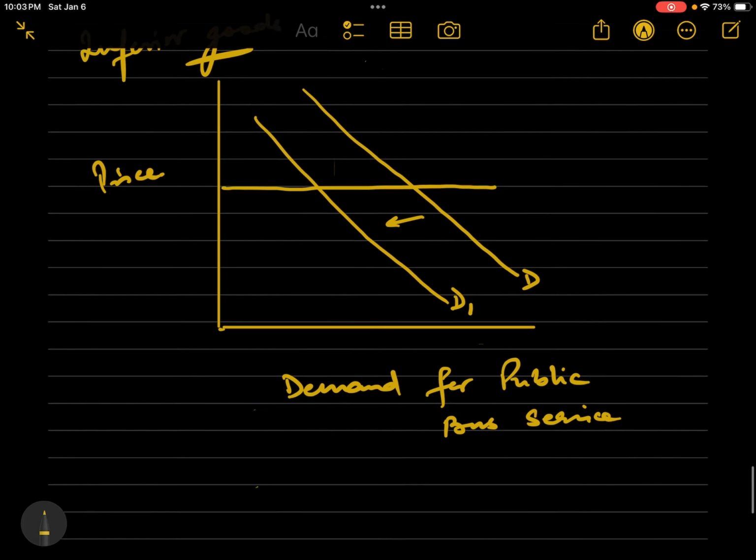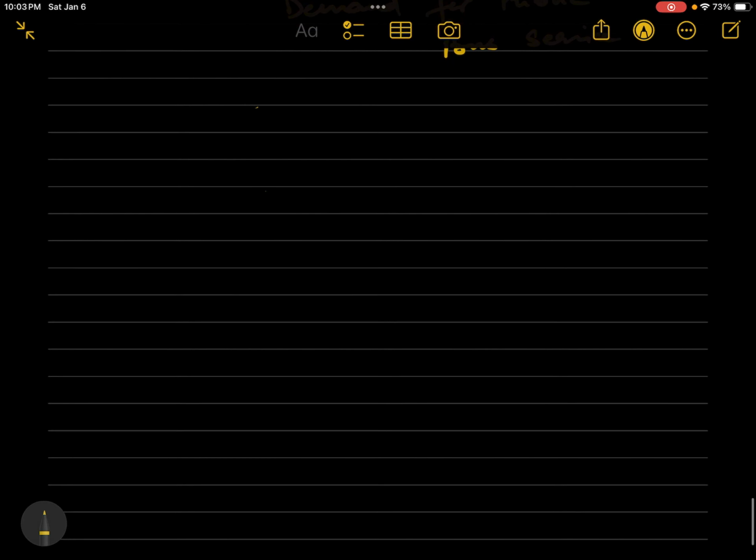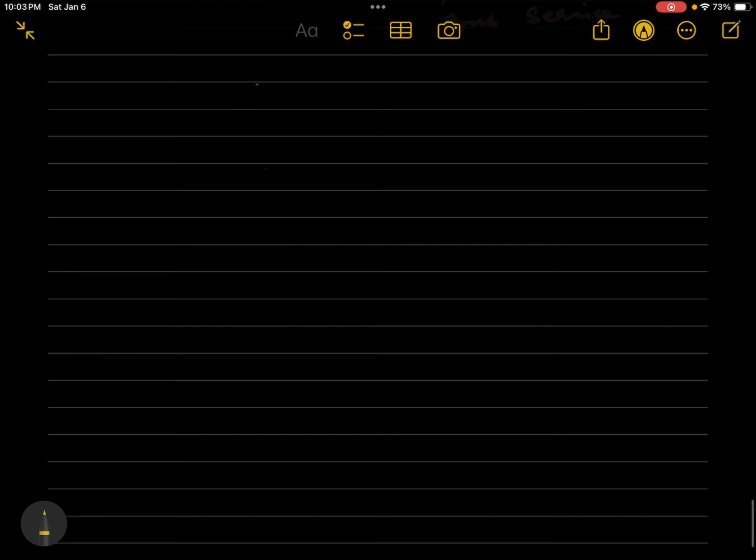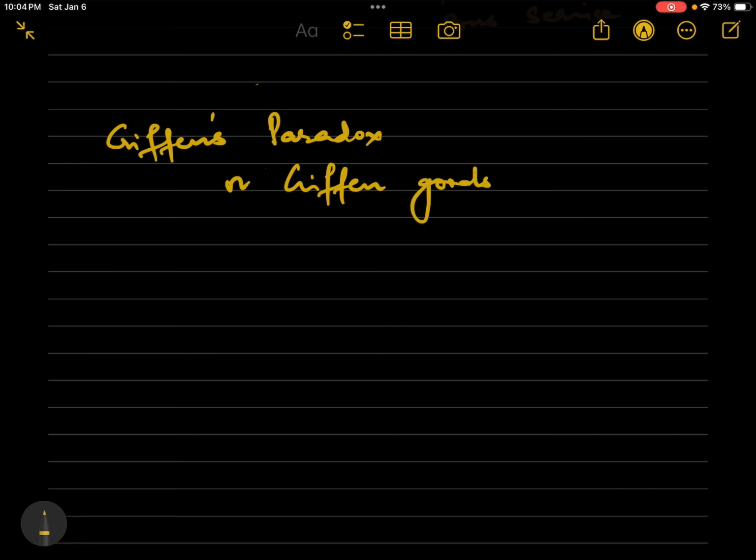You will also come across another diagram somewhat related to income and demand. We also understand about Giffen's paradox or Giffen goods. Now in this case, the graph would be, you will have price here and demand here.